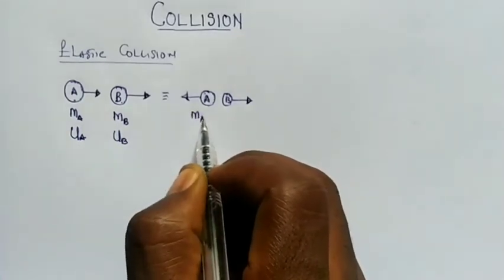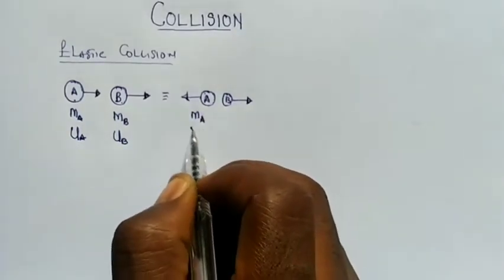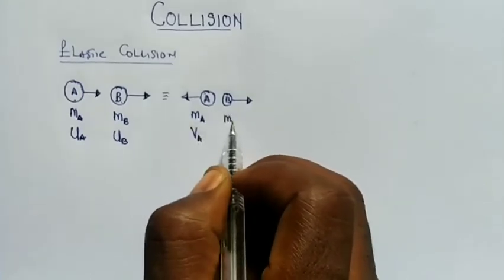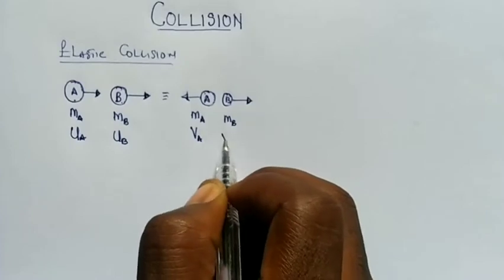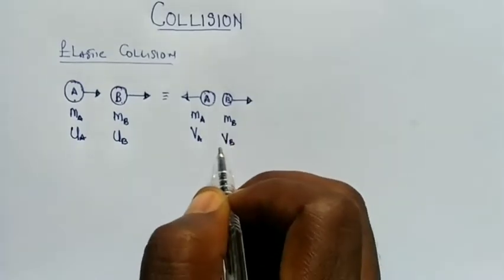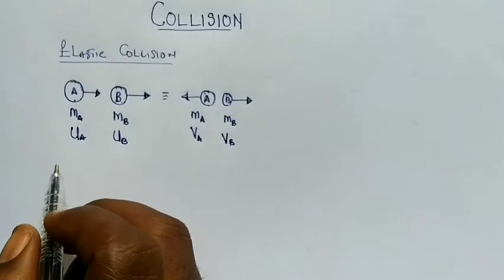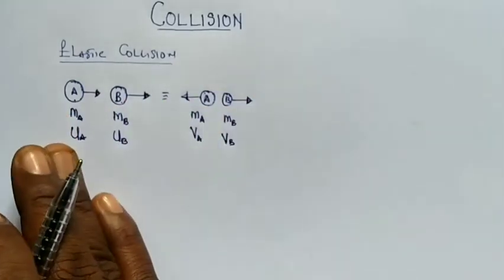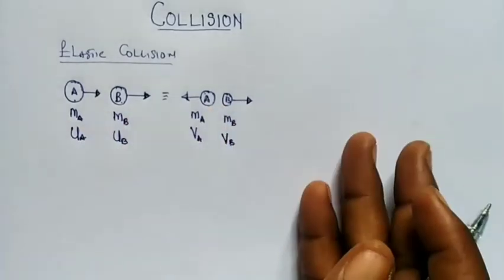Now the mass of A is still remaining the same, but now we have the final velocity of A. The mass of B is still remaining the same, and we have the final velocity of B. So we should know that the law of conservation of momentum is that the momentum before impact is equal to the momentum after impact, right?